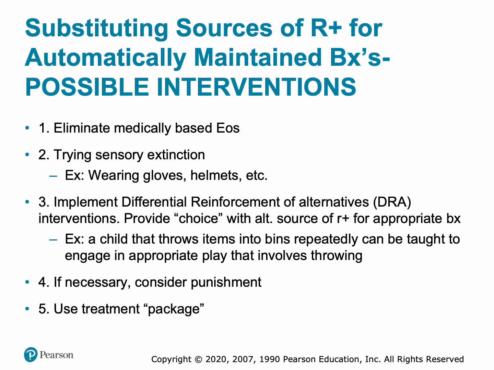This might be appropriate for a behavior that's severe, like for example, head hitting, right? Where they're at risk of causing possible brain damage, or getting a traumatic brain injury. And the risk of a traumatic brain injury is much greater than the risk of punishment. And so for those individuals, maybe if we don't know the source of reinforcement for head hitting, then we would possibly consider punishment.